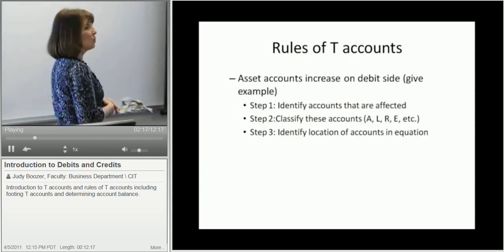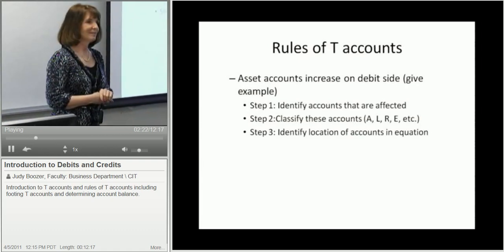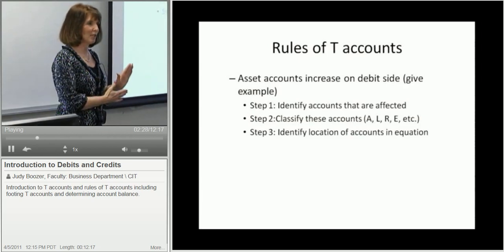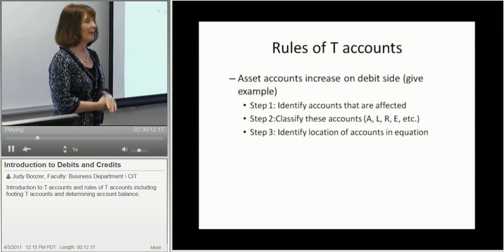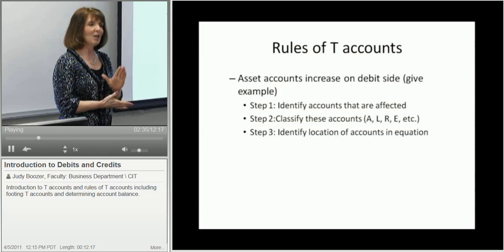First of all, the rules of T accounts. First one, and again, you'll have to memorize this part. And then I'll show you how it fits into the accounting equation. Assets. All assets increase on the debit side.